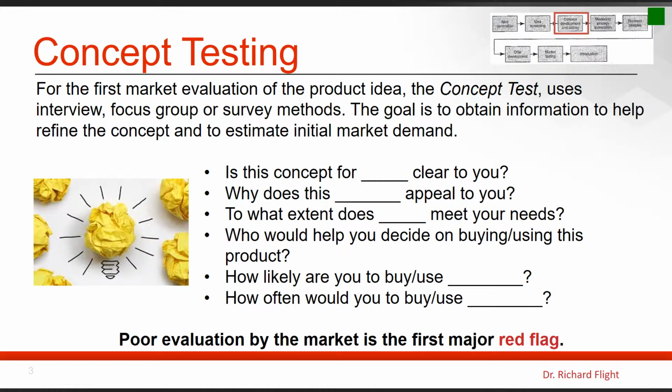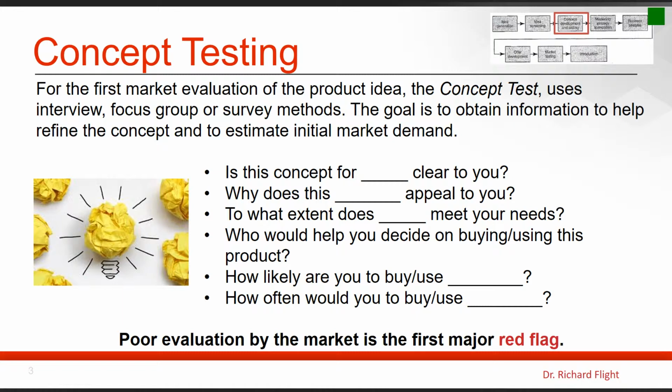So a key here is to be able to use this process, this stage, to improve the concept that we have, but also to validate in an external market whether this product has merit to move forward with.